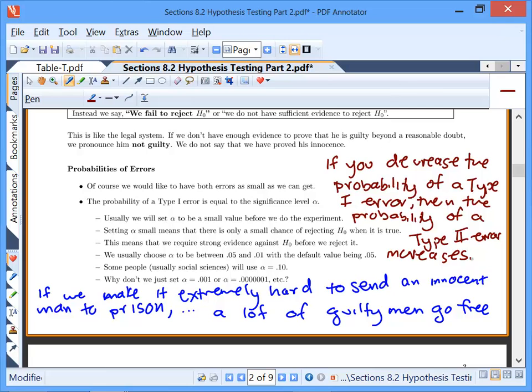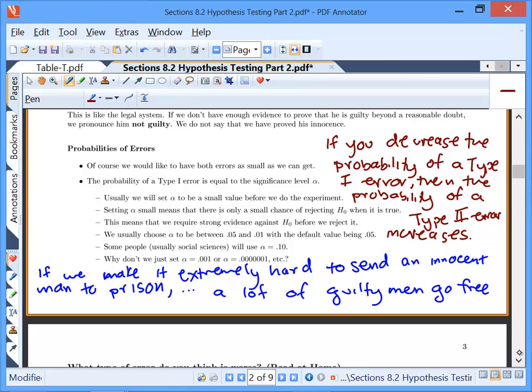And vice versa. If you want to make the probability of a type 2 error really small, then the probability of your type 1 error would have to go up. So it's kind of a balancing act. We want the probability of our type 1 error to be small, but we don't want to make it so small that the probability of our type 2 error is huge.